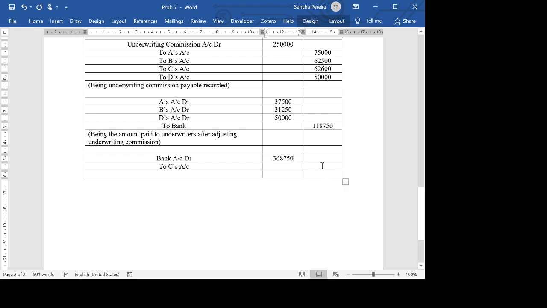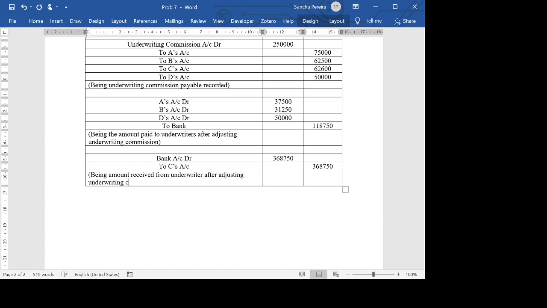So we say, being amount received from the underwriter after adjusting the underwriting commission.